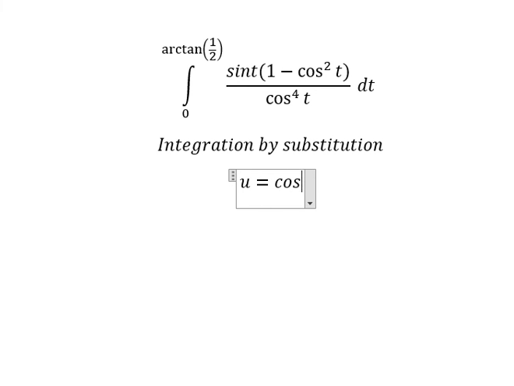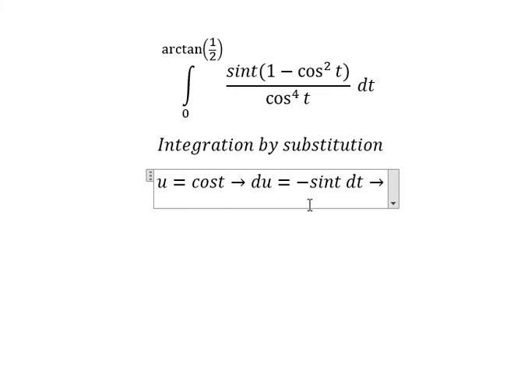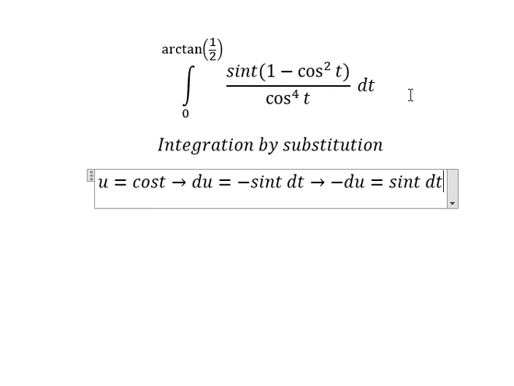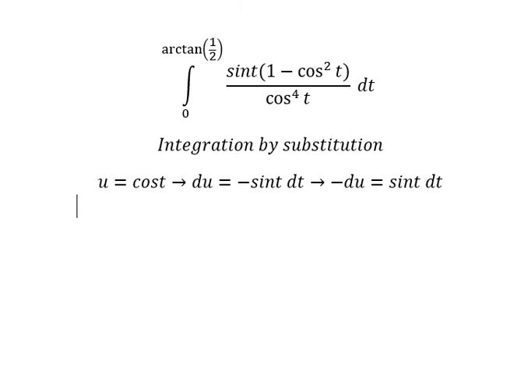equals cosine t. Later we do first the derivative for both sides, and we have du equals negative sin t dt. Because we don't have the negative sign in here, I will put this one to the left. Next, we need to change the bounds.